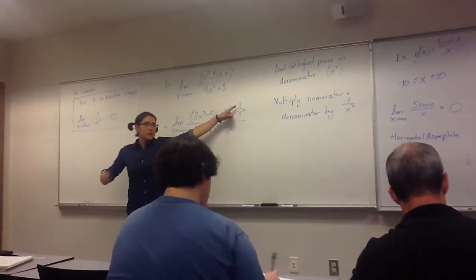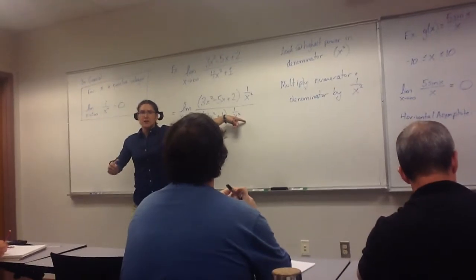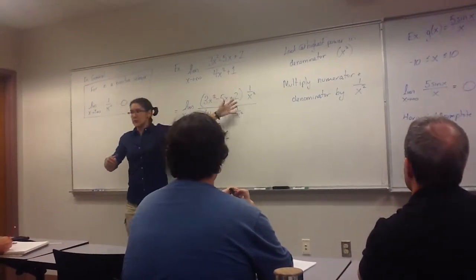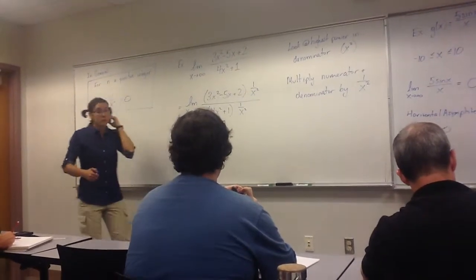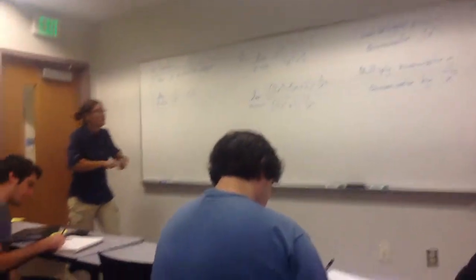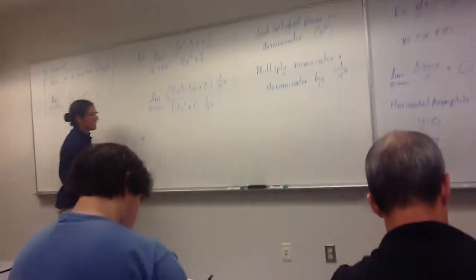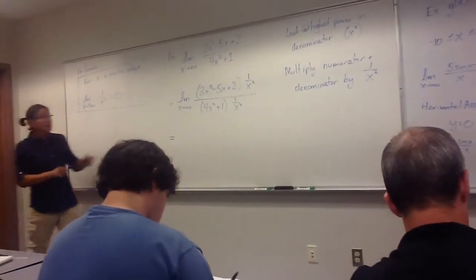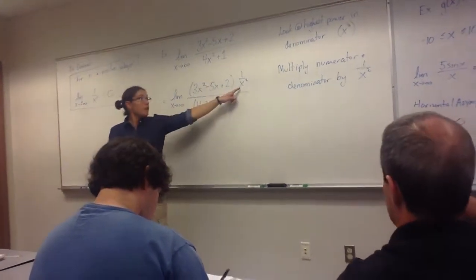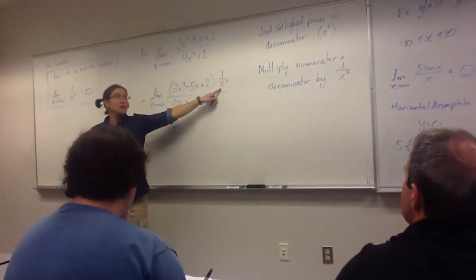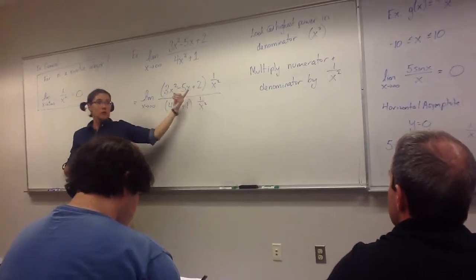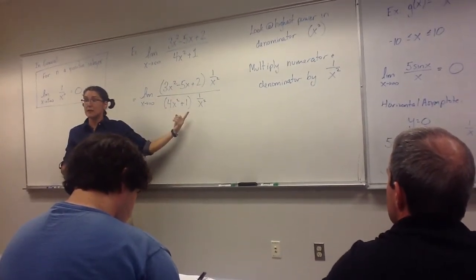Now since I've done this to both the numerator and the denominator, it's like multiplying by 1. So I have not changed the value of my expression here. Okay, so check out what happens now. This 1 over x squared, I'm going to distribute to each term in my numerator. I'm going to do the same thing in my denominator.